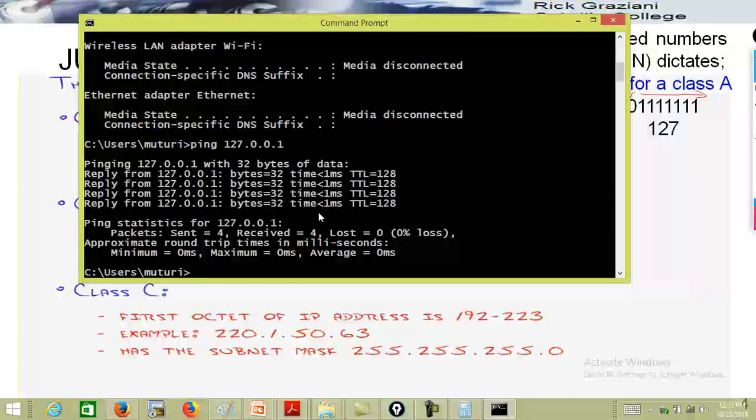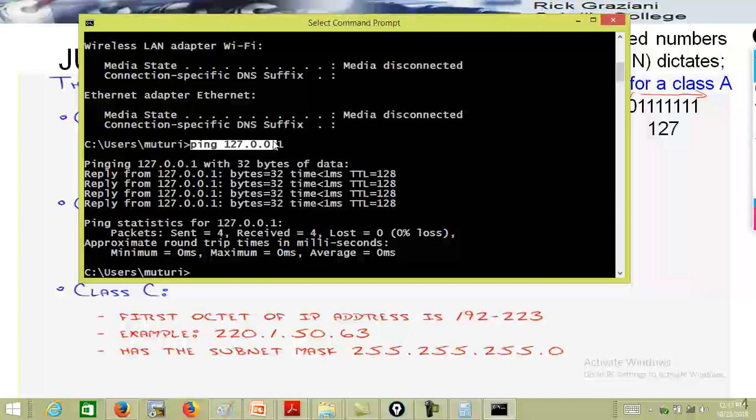The reason why they say you start from there is that loopback testing essentially tests the TCP/IP protocol stack, whether it is up and running on your machine, or essentially, does this machine understand the OSI model? Because the OSI model is the constitution that governs how communication happens on our network.